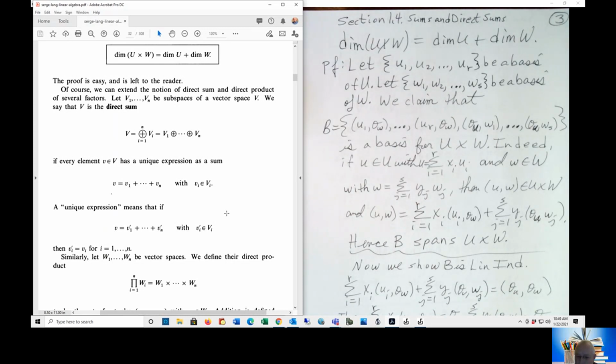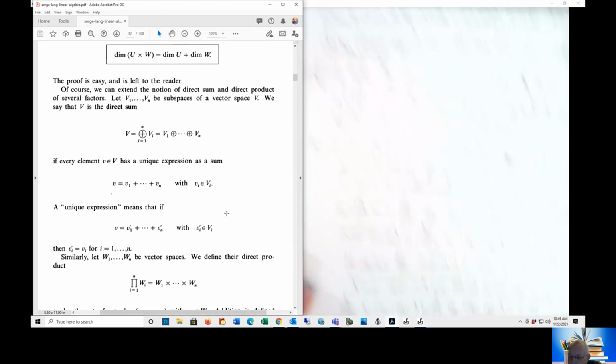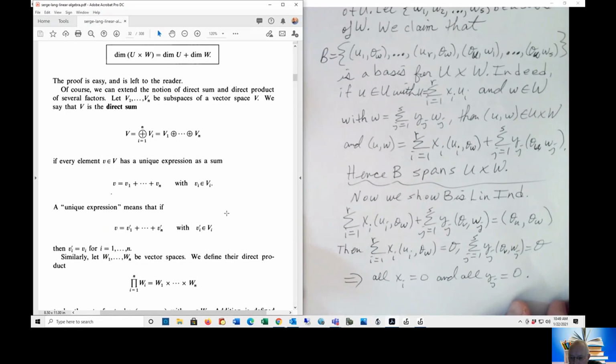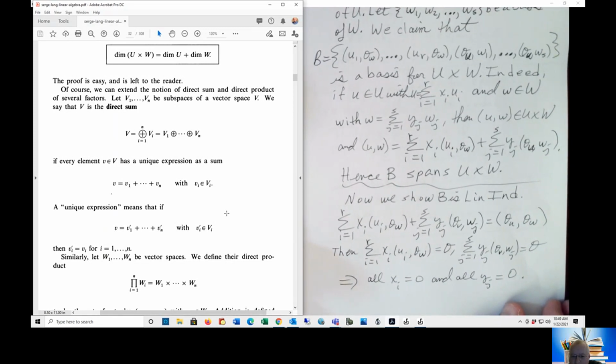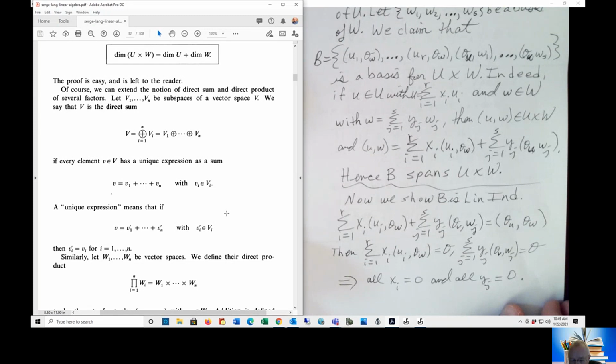And so we can immediately see then that B spans or generates the direct product. And then next, we also have to show that these vectors are linearly independent, don't we, for it to be a basis, right? They have to be linearly independent.